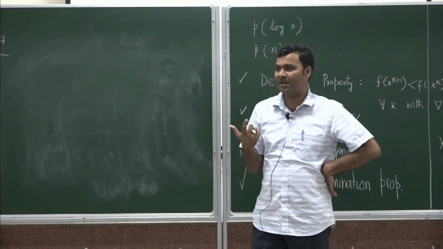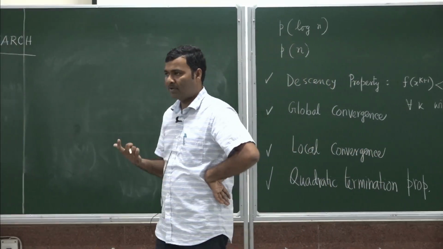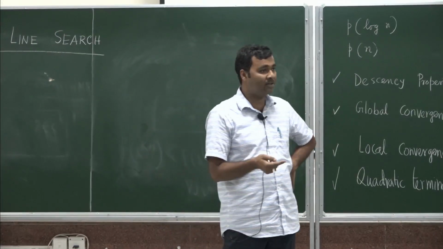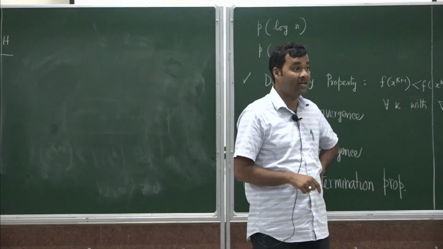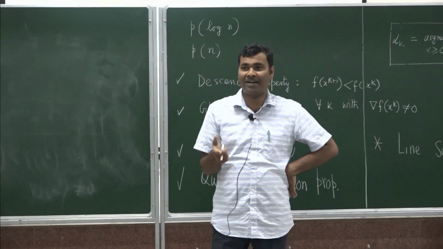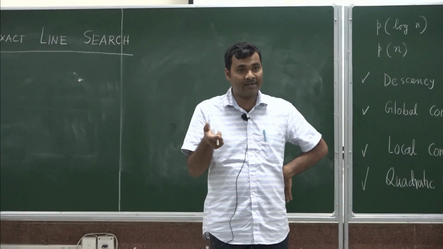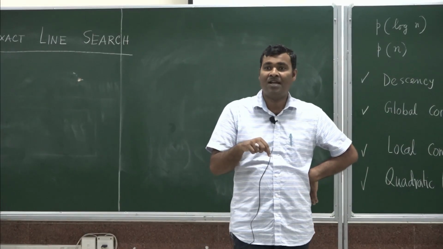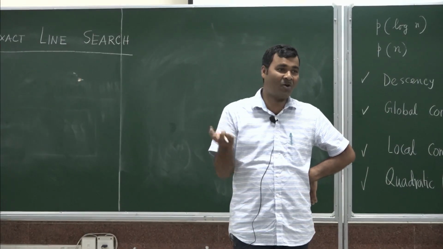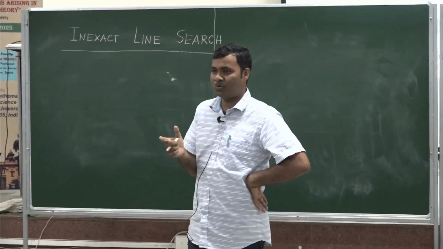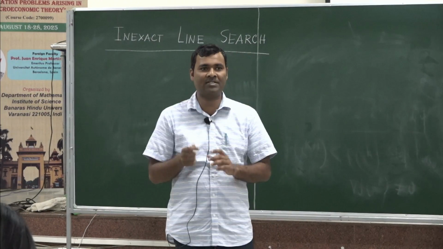It may be an oscillatory sequence, or even if it has a limit point, it may not be a minimizer, even if the function has a minimizer. Much more painful is the fact that after the entire process you end up with a point that is neither a minimizer, nor a maximizer, nor even a saddle point. This might also happen if we arbitrarily choose alpha k just caring about the descent property.